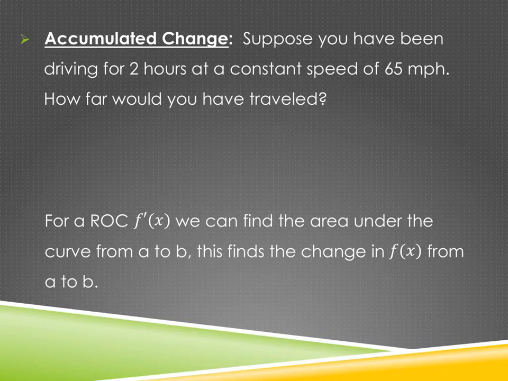And this finds the change in f of x from A to B. In our case, the change in the miles that we've driven. How much further away we are from where we started. So jot that down. It's an important fact. We're finding an area under the curve from A to B.